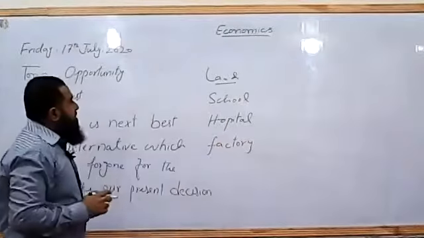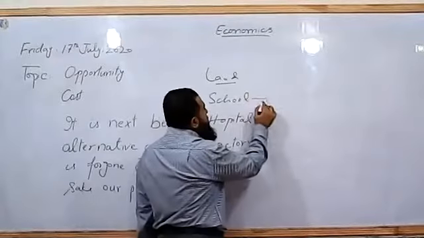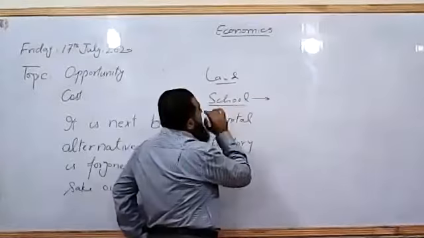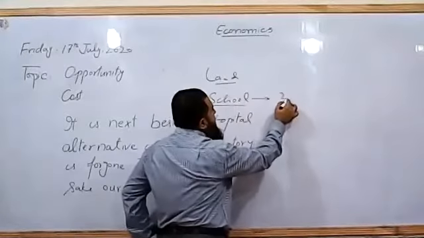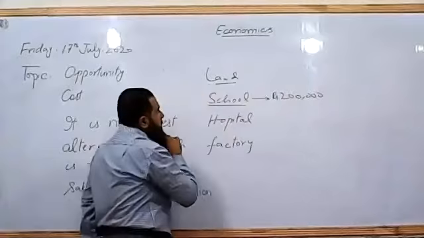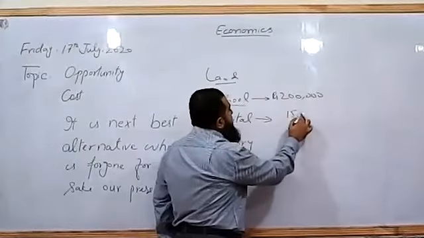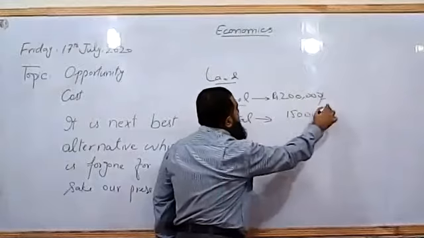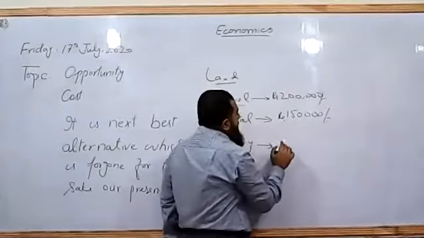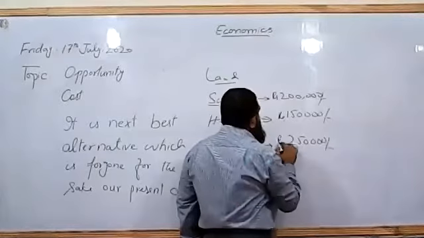If the landowner gives it to the school principal to run a school, the landowner is charging a rent of maybe 200,000 per month. A hospital is agreed to pay 150,000 rupees per month, whereas a factory is going to agree upon 250,000 rupees per month.